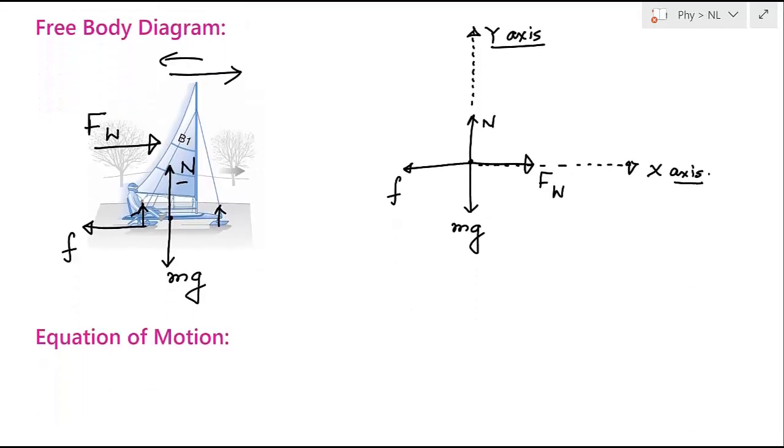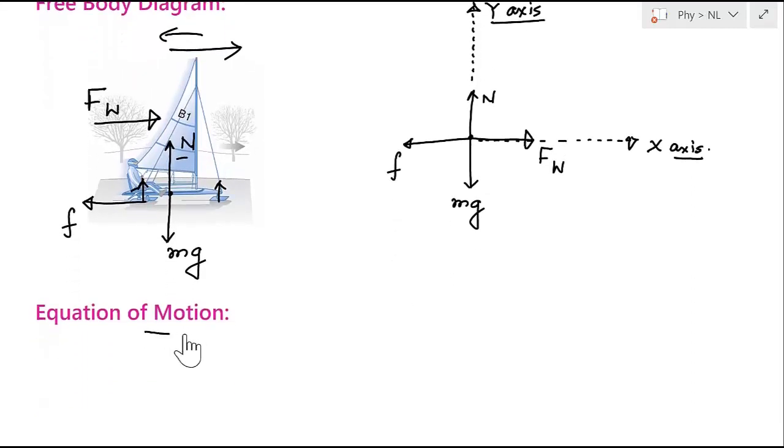Now once I have the free body diagram, I can write the equation of motion. So let us first write the motion equation in the x direction, that is, the summation of all the forces in the x direction is nothing but mass times acceleration along the x direction. What are the forces acting in the x direction?